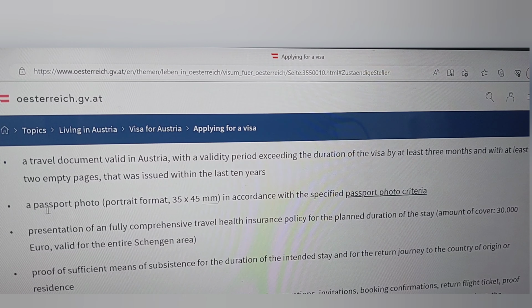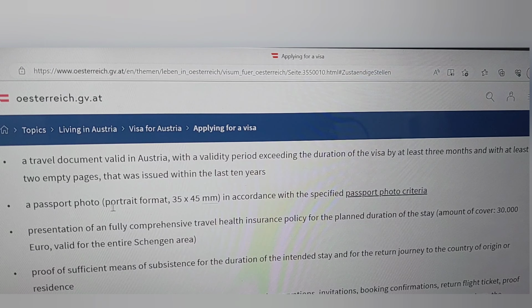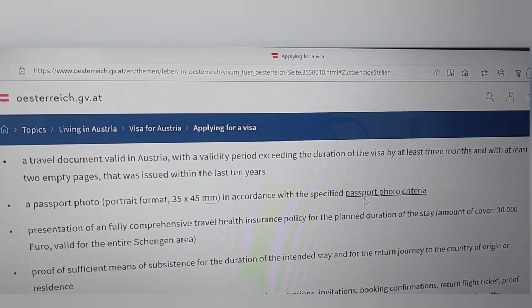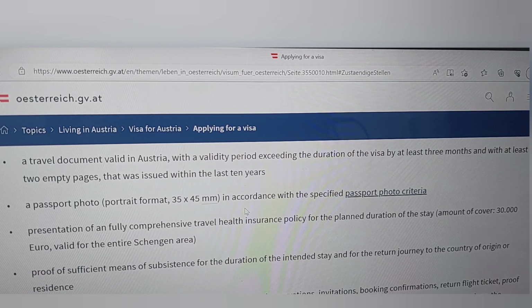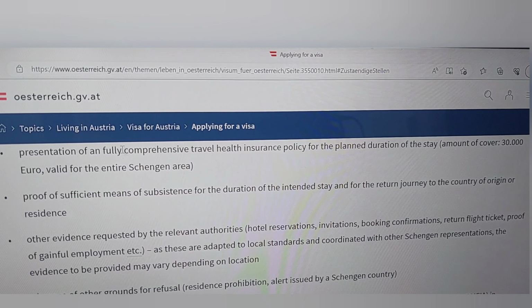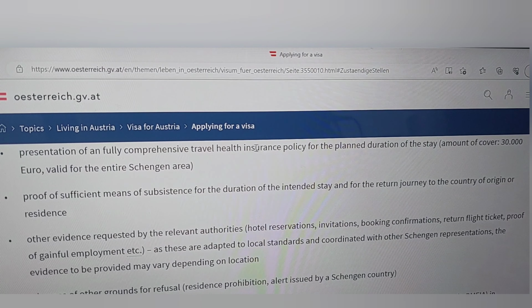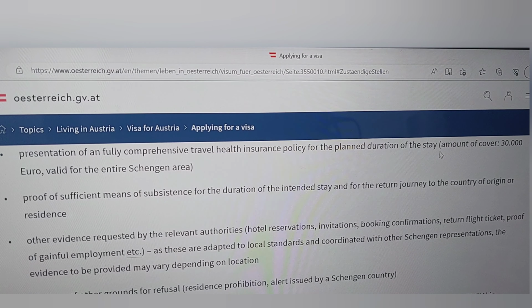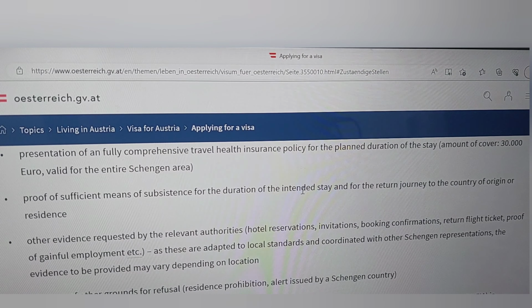The third one is a passport photo, portrait format 35 by 45 mm, in accordance with the specified passport photo criteria. The fourth one is the presentation of a fully comprehensive travel health insurance policy for the planned duration of the stay. Amount of cover is 30,000 euro, valid for the entire Schengen area.